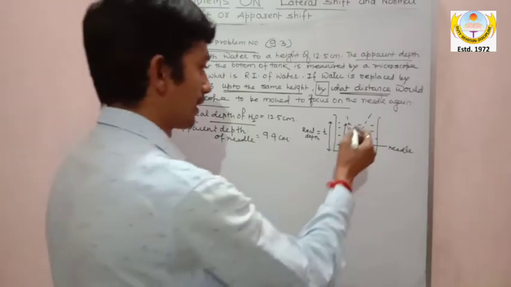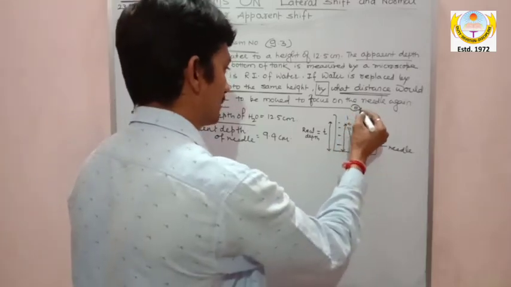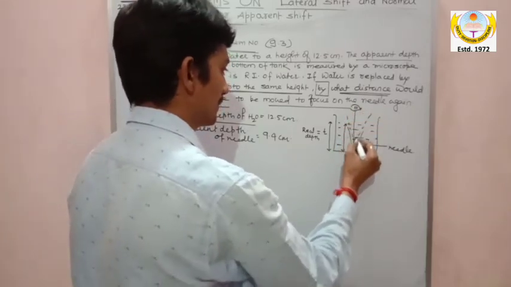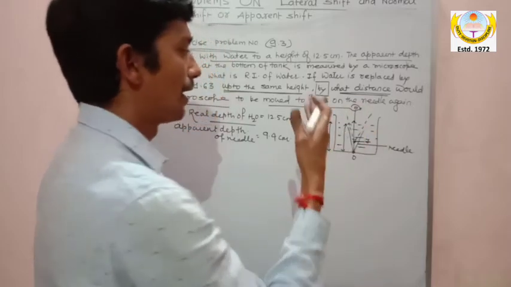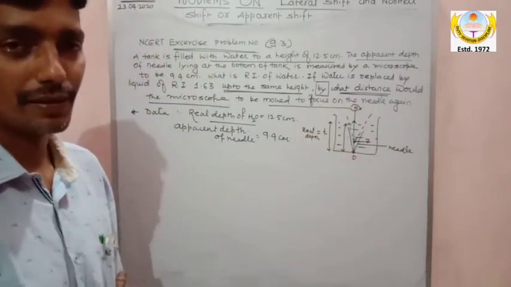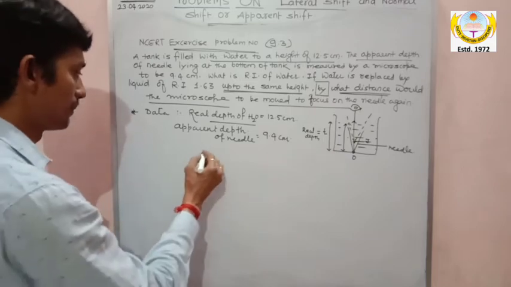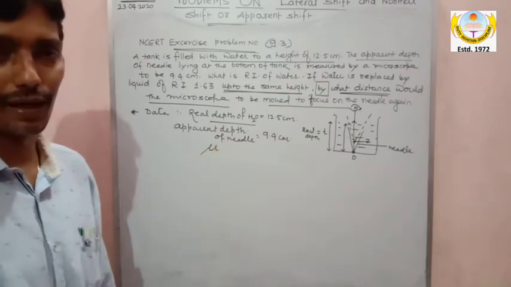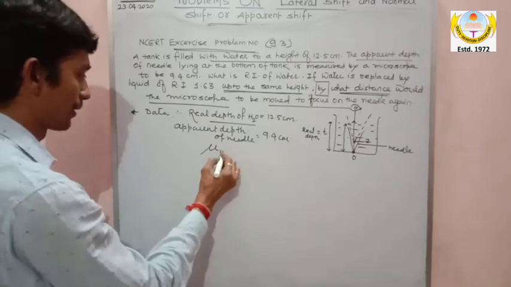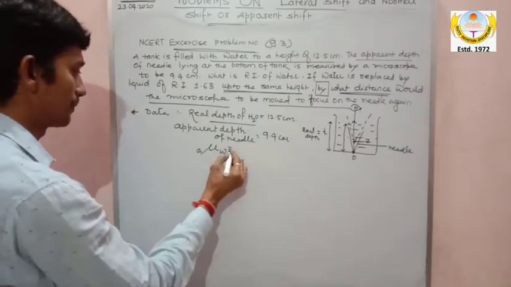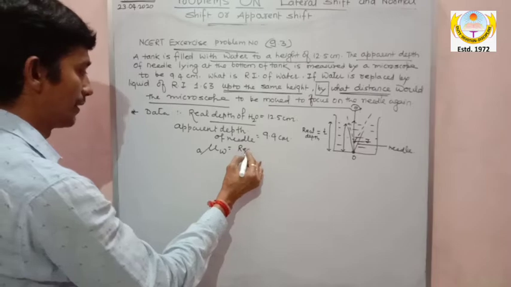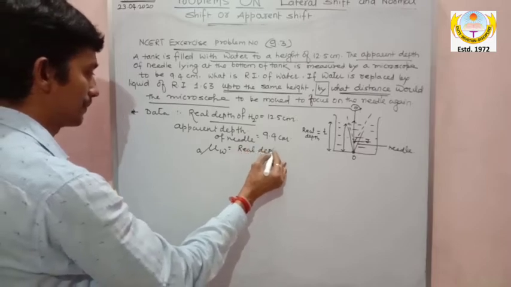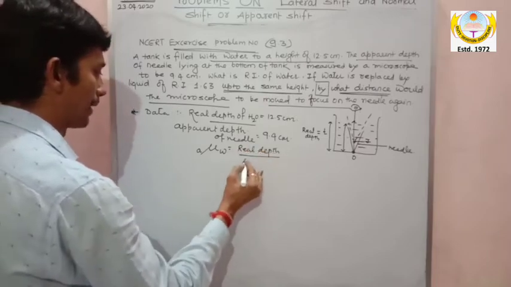Now here no doubt I am observing from here. Am I clear? So we all are going from air to water. Come on, everybody, the refractive index of water with respect to air is nothing but real depth upon apparent depth.